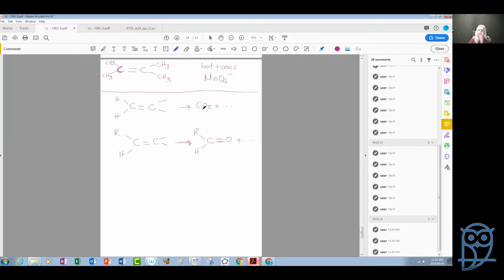So you see, here we got carbon dioxide, but here we got an aldehyde, because this part here is the functional group that represents aldehydes, isn't it? Now this aldehyde could be oxidized even further, and the product of this further oxidation will be a carboxylic acid.